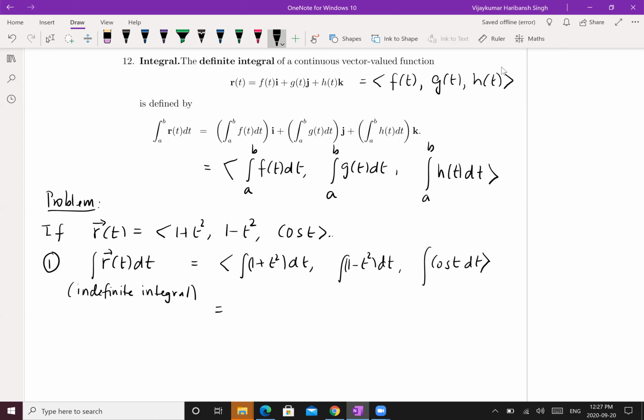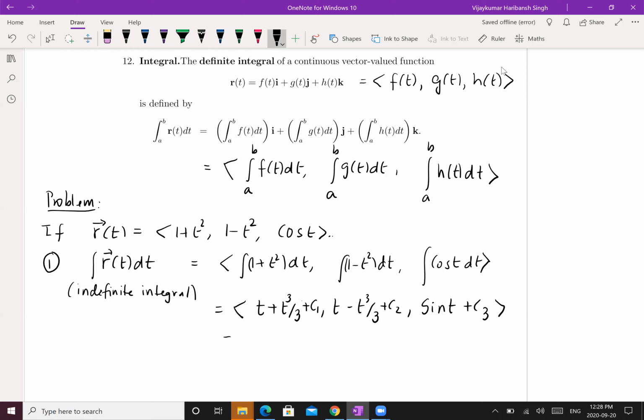So what is the integral of 1 plus t square? It is going to be t plus t cubed by 3, t minus t cubed by 3, and the integral of cos t is sine t. But each of them will have a constant of integration. So this one will come with plus c1, this one will come with plus c2, and this one plus c3.